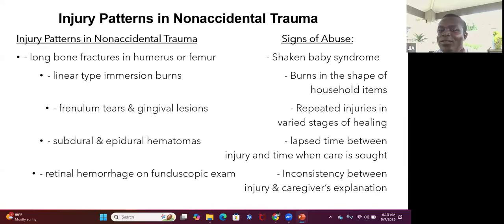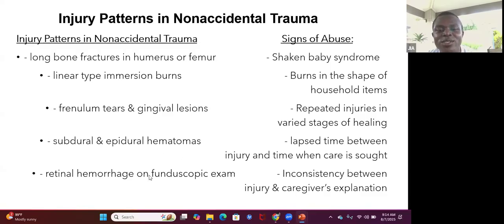So whenever you have any frenulum tears or any lesions around your gingiva, how you pronounce that word, any lesions around that area, you can suspect, because injuries in areas like this are most of the times deliberate. Injuries inflicted around those areas are unlikely to be accidents. Then if you have subdural and epidural hematomas, you can also suspect.